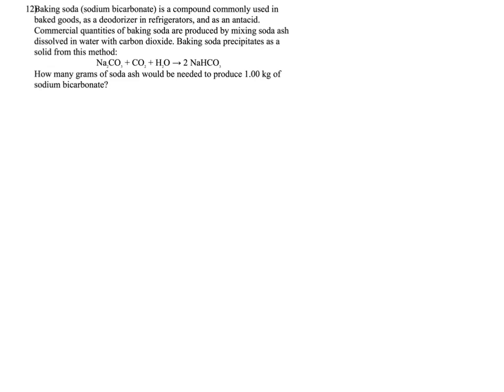Okay, so given is 1.00 kilograms of sodium bicarbonate, NaHCO3. Now, the first thing you need to know is that kilograms is 1,000 grams. So this is pretty easy. 1 kilogram really means that we have 1,000 grams of the same thing.